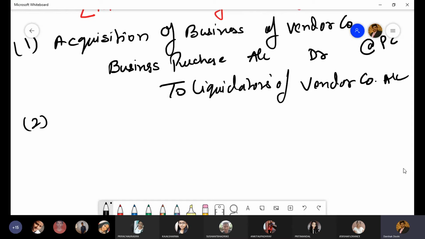After the acquisition of business, next we will pass an entry for incorporation of assets and liabilities taken over from the vendor company.